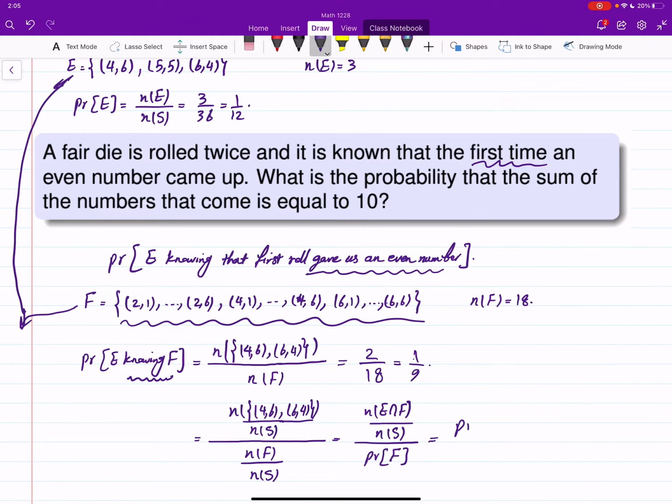So what we found basically was the probability of the intersection of that divided by the probability of the given part.